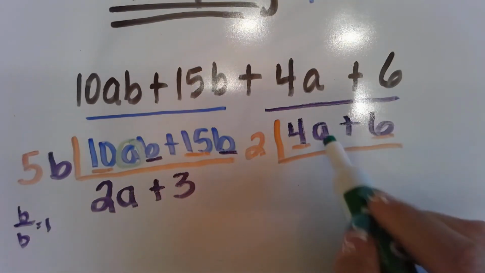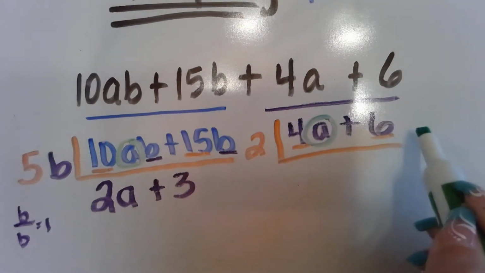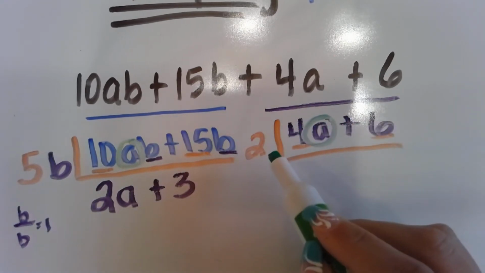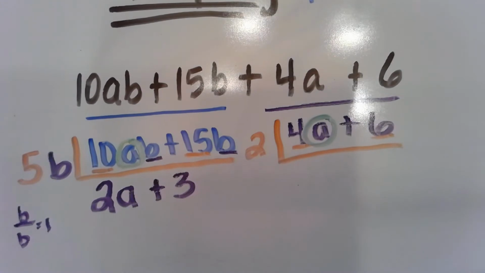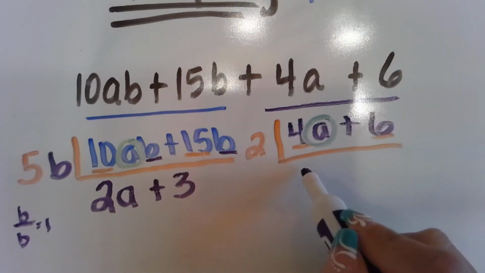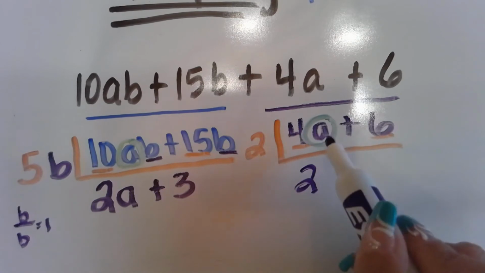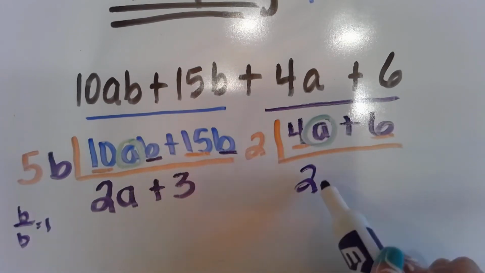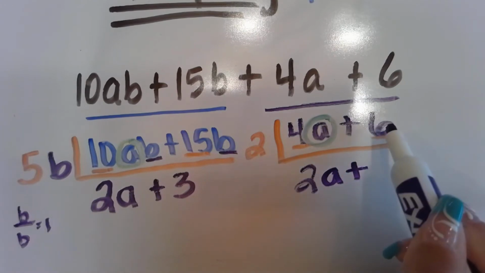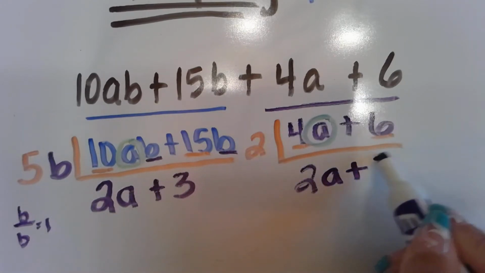This one has an A. This one does not have an A, so we're going to leave this one. We can't pull it out because they both don't have it. So 4 divided by 2 is 2, and our A is going to remain because we're not pulling it out. Plus 6 divided by 2 is 3.